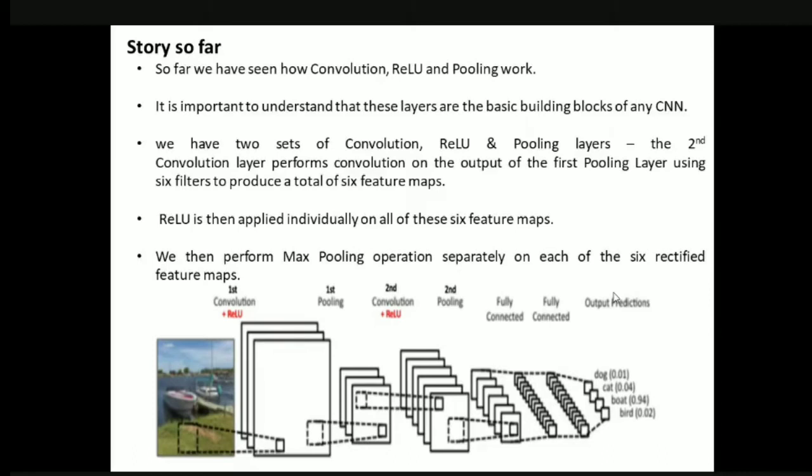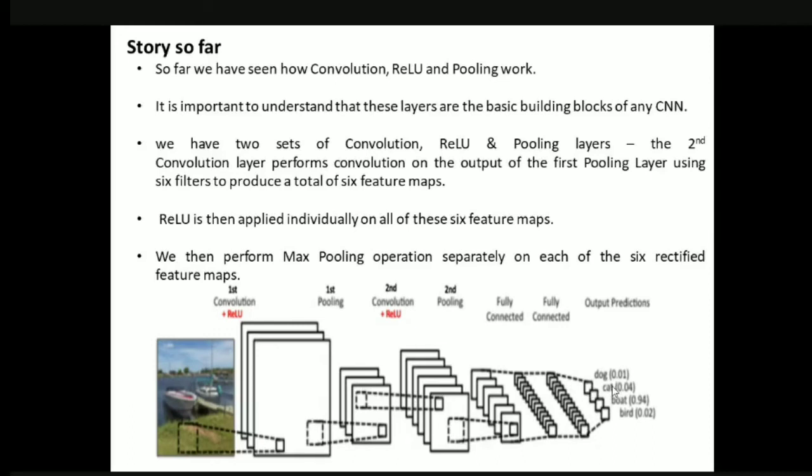First convolution plus ReLU, then first pooling, then second convolution plus ReLU, then second pooling, and then we have given all these values to the first fully connected layer, and then again to the next fully connected layer, and finally we have got the output predictions.